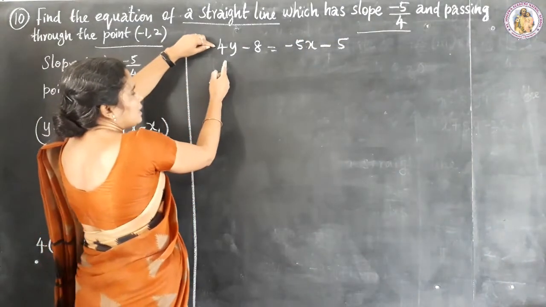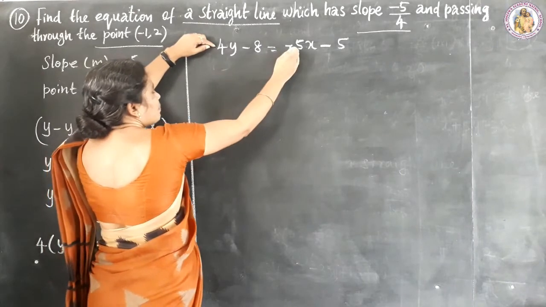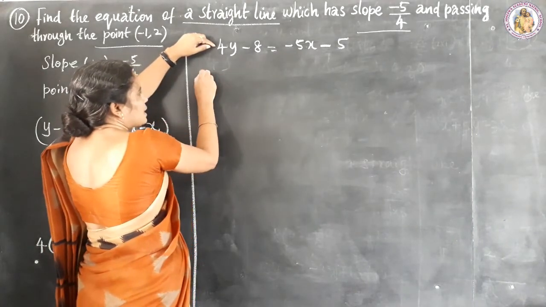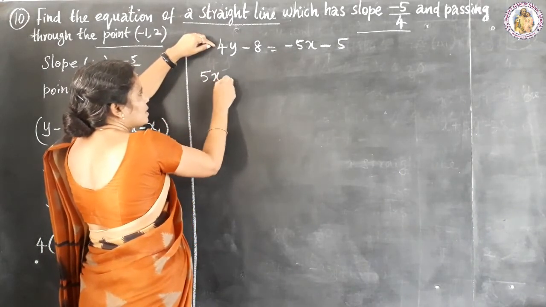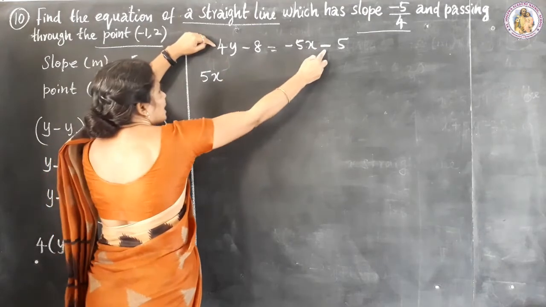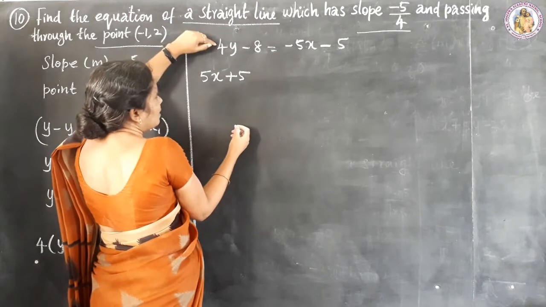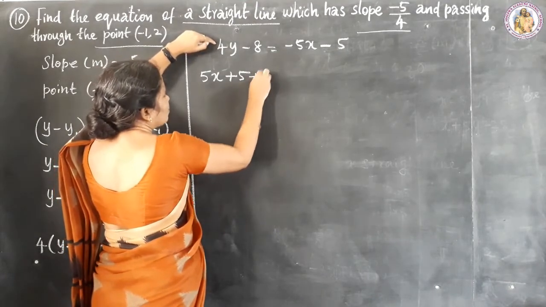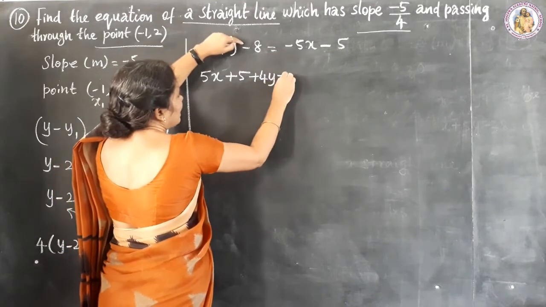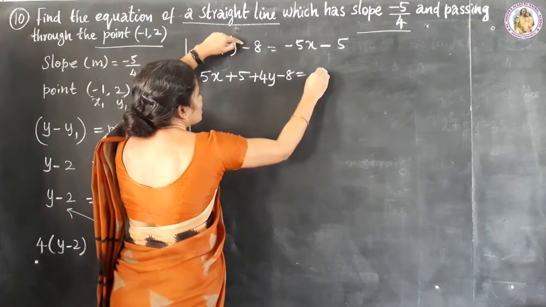In the next step take minus 5x, while it comes here it becomes plus 5x, and minus 5 becomes plus 5, and here plus 4y minus 8 is equal to 0.